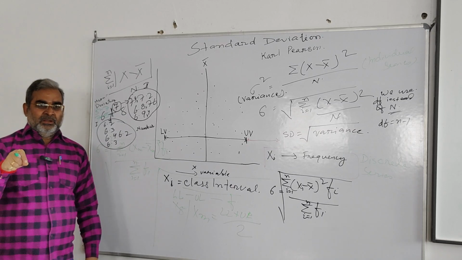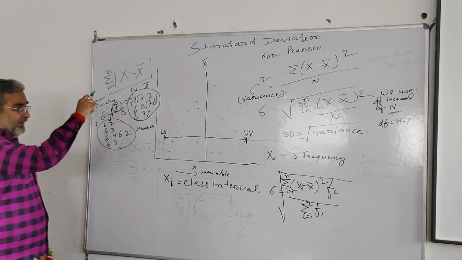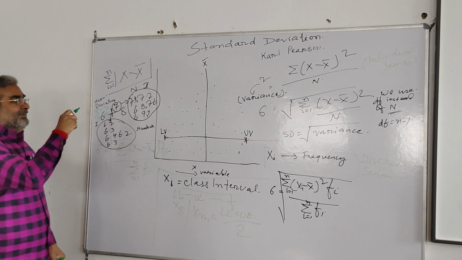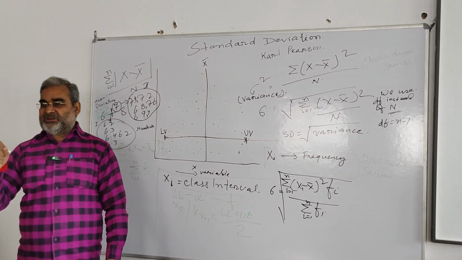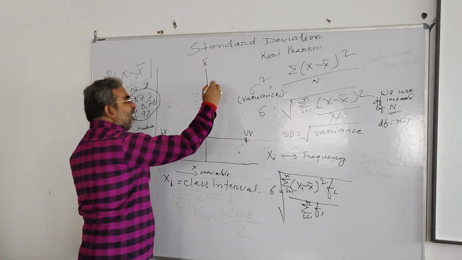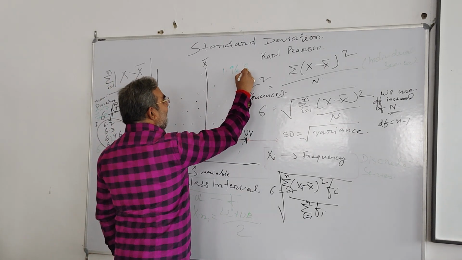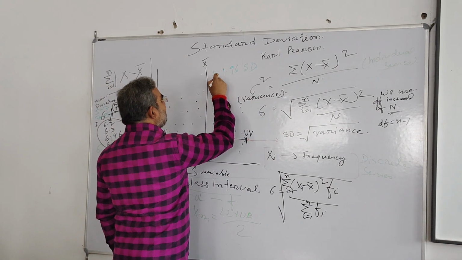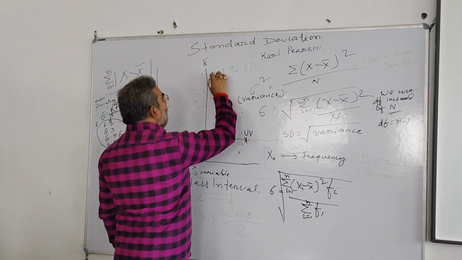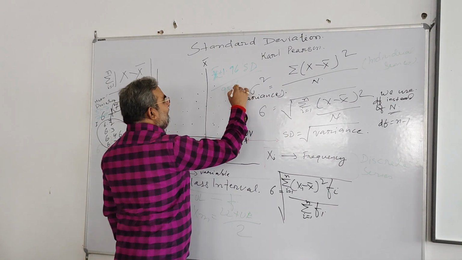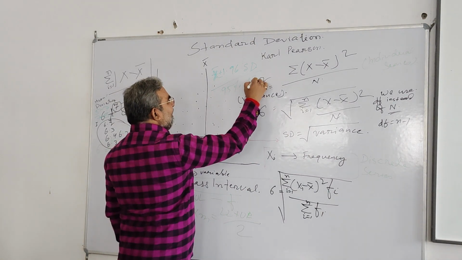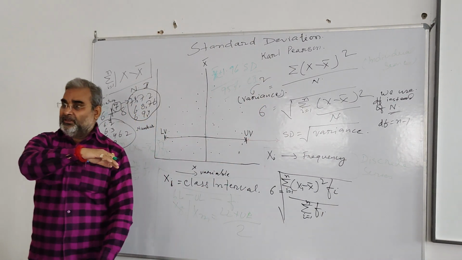Clear? And here if we calculate like this, the standard deviation is represented again the 95% confidence limit by the 1.96 SD. X bar plus minus 1.96 SD. It represents the 95% confidence interval of sample.